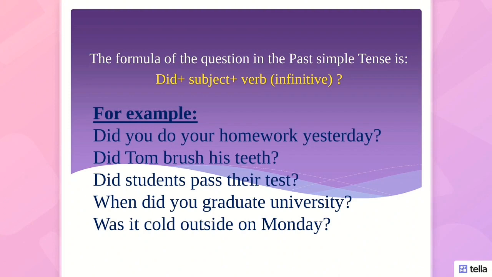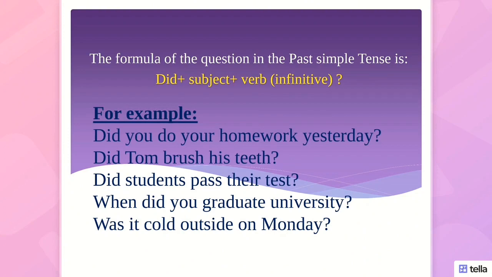If there is no action, we use was or were, as in the last example. Was it cold outside on Monday? You see, there is no action in this question, thus we used was instead of did. And we use was instead of were because there is it. And you have to remember that we use was with I, he, she, it, and were with we, you, they.